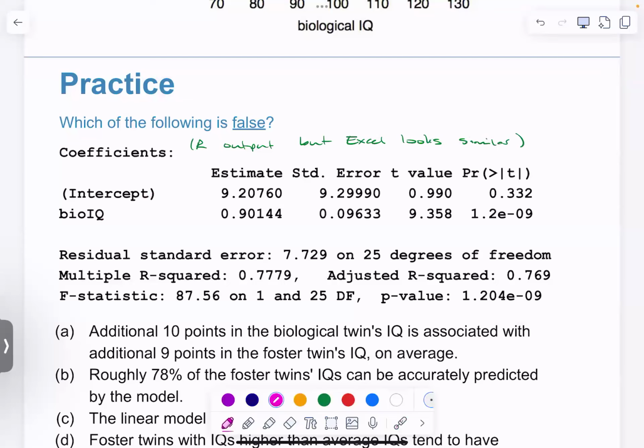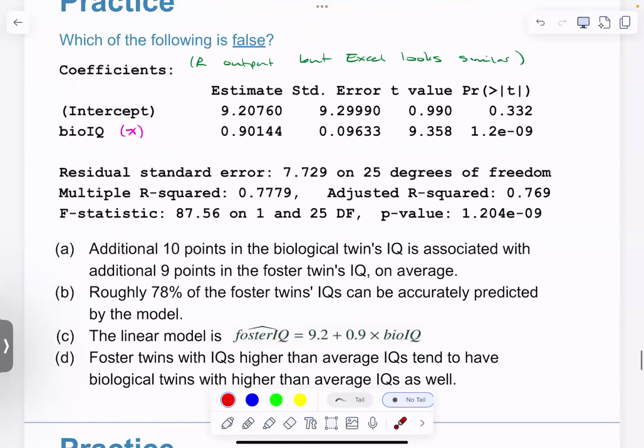So how you're going to read this, this is your x. This is the estimate of the intercept. This is the estimate of the coefficient of the slope, or of the x, which is the slope. So here, this is the slope, and this is the intercept.